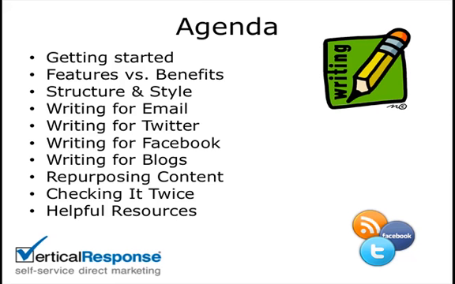And then we will get into writing for email specifically, and then Twitter, Facebook, and blogs. We will also talk about some tips for repurposing content among these different writing mediums so that you're not recreating the wheel every time. And then, of course, proofreading.